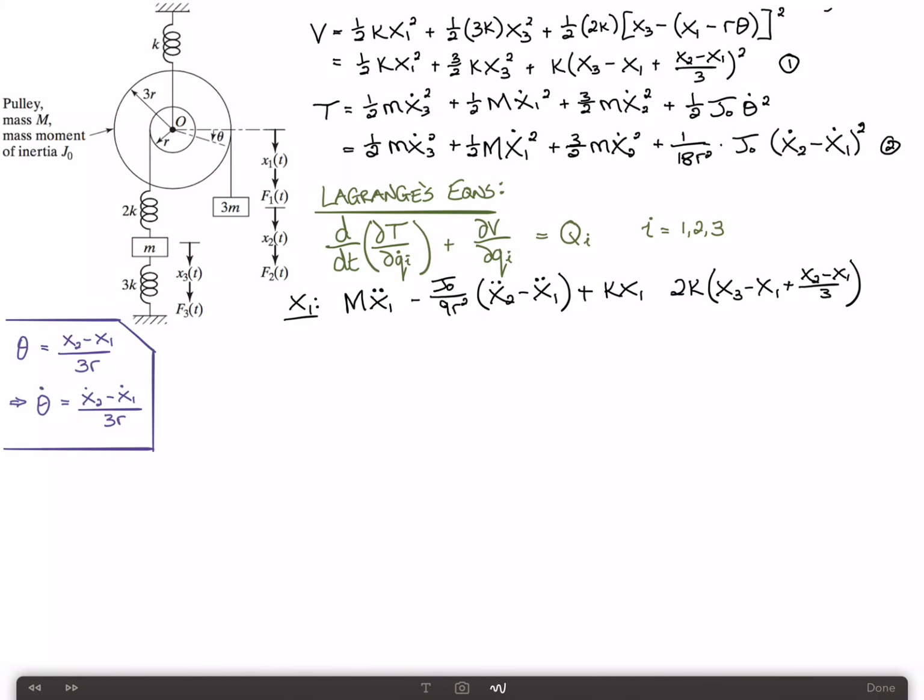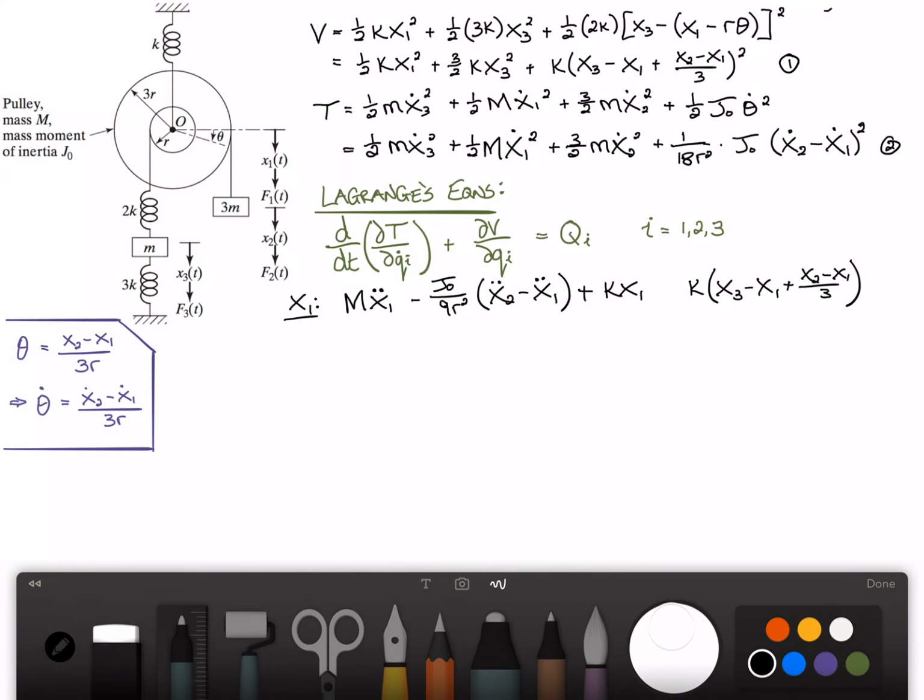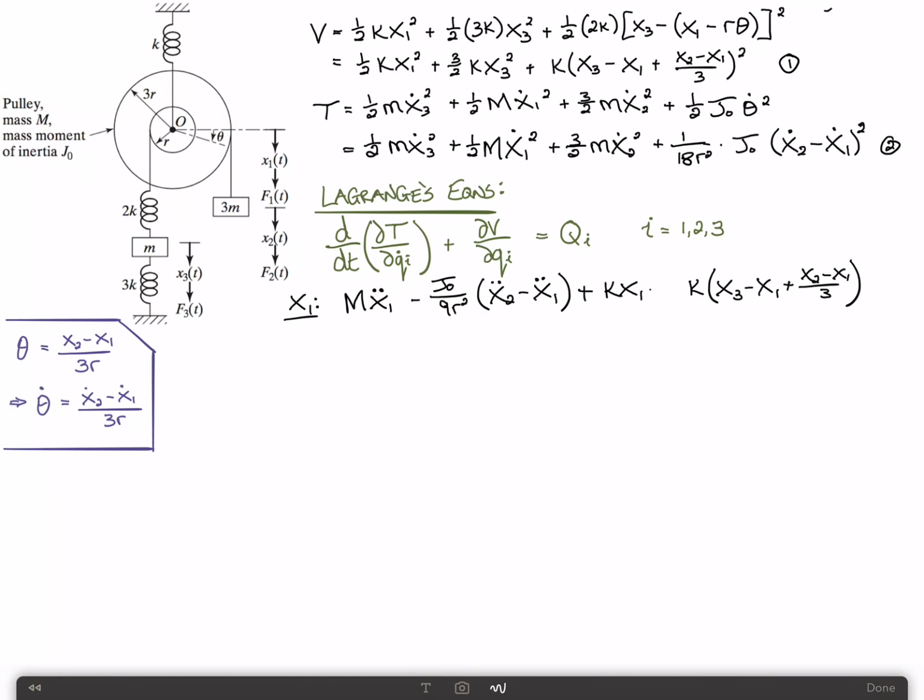So this would be minus 8/3. Okay, and that is equal to the generalized force, which in this case is F1.